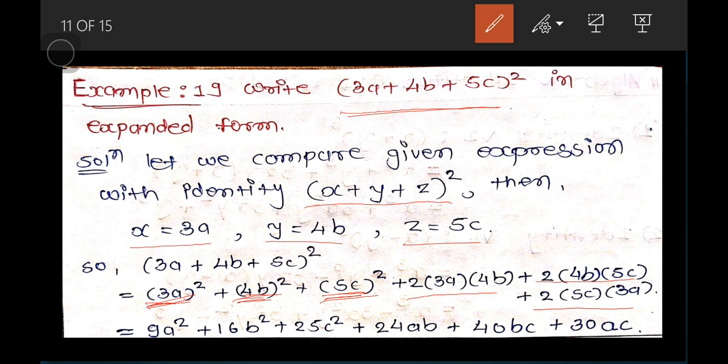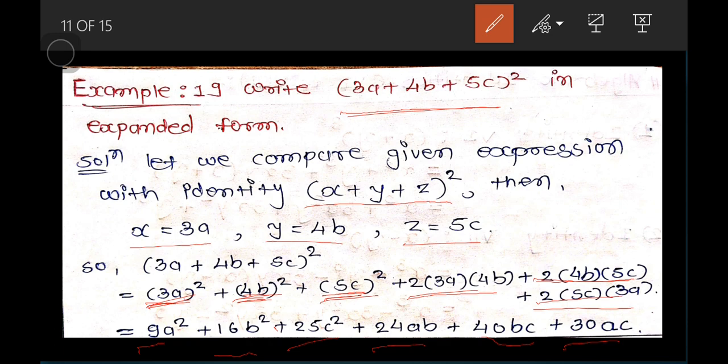So now let us evaluate (3a)², that is 9a², (4b)², that is 16b², (5c)², that is 25c². We multiply this product, then we get 24ab plus, we multiply this product, then we get 40bc plus, we multiply this product, then we get 30ac.